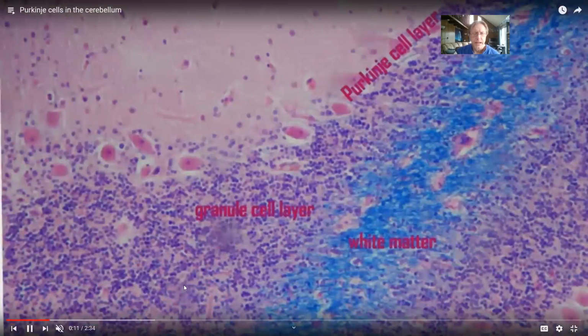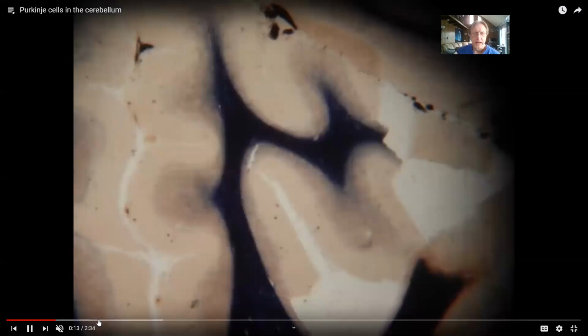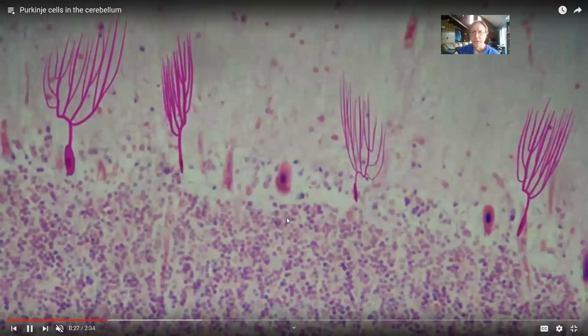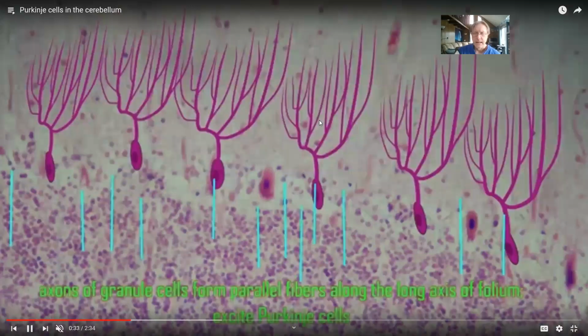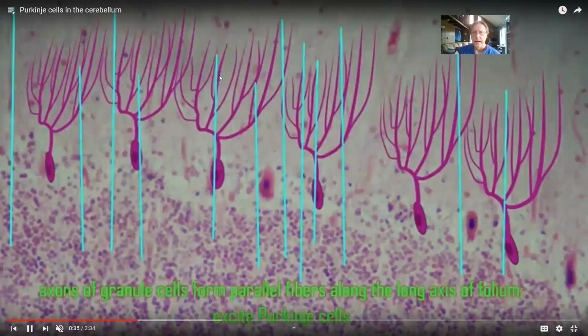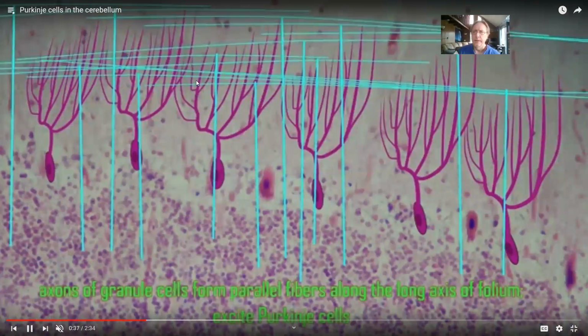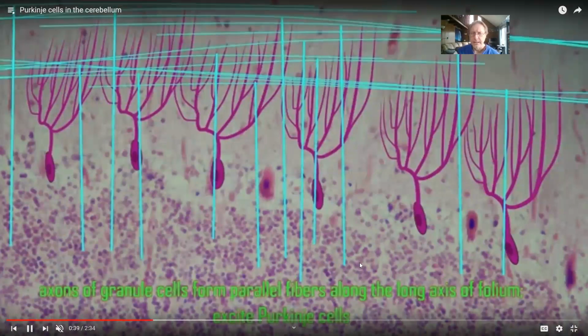That's a very significant feature, making them very unique. So if you look at how the dendrites would go, they would then be flat along what's called a short axis of a folium. That's one of the folds in the outer cerebellar cortex.